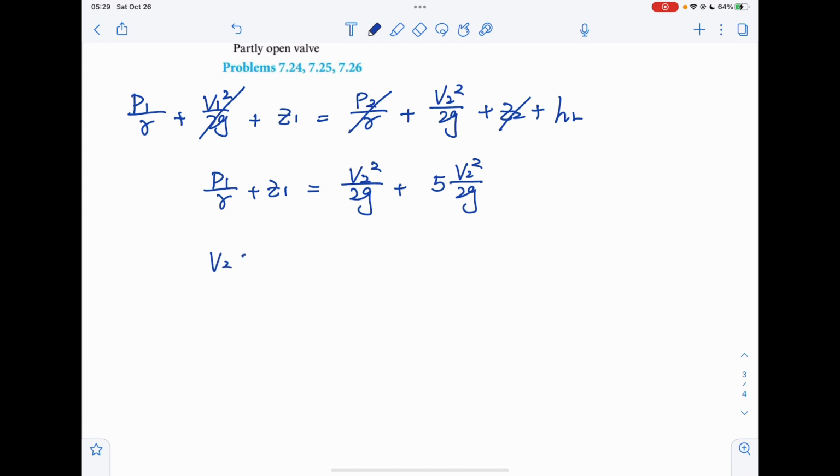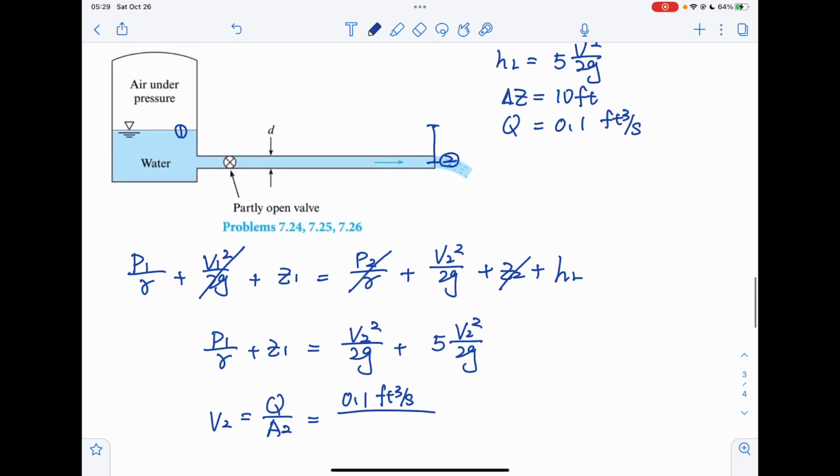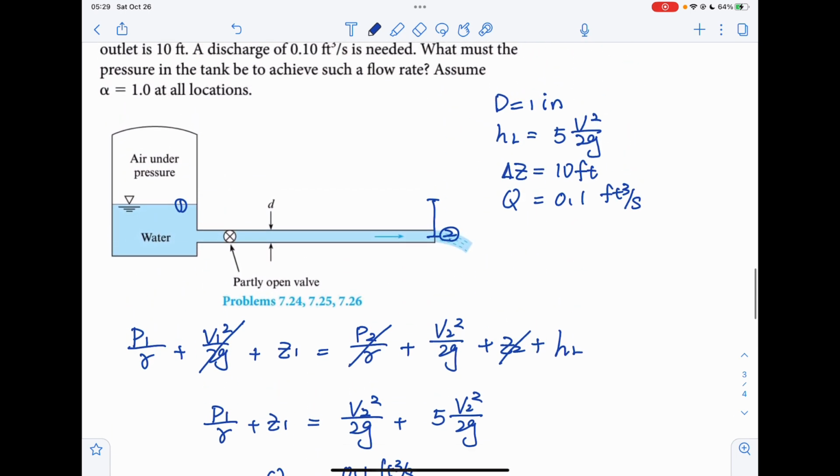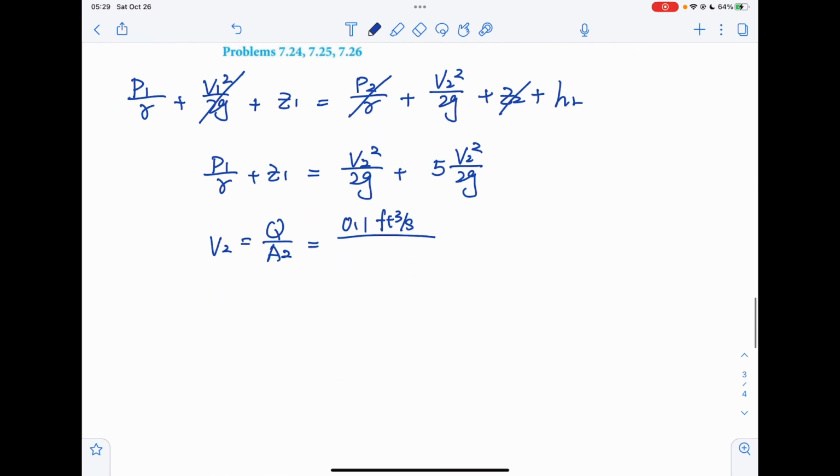V2 equals Q over A2, where Q is given as 0.1 cubic feet per second. And for A2, we're gonna use the diameter, which is pi over 4 times, because it's in inches, we're gonna convert it to feet, 1 over 12 feet.